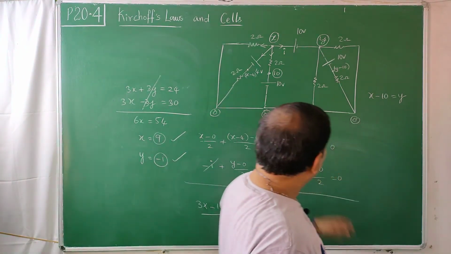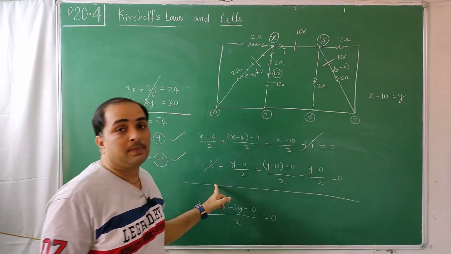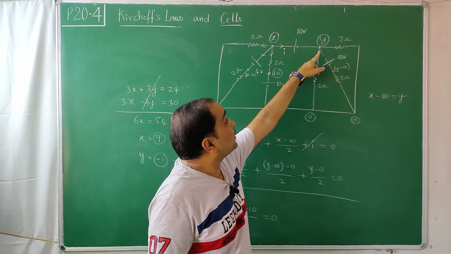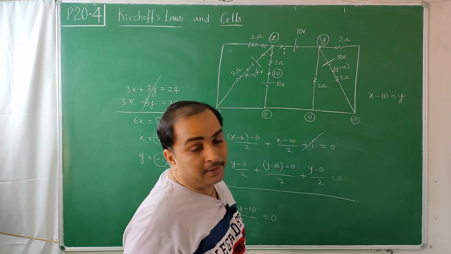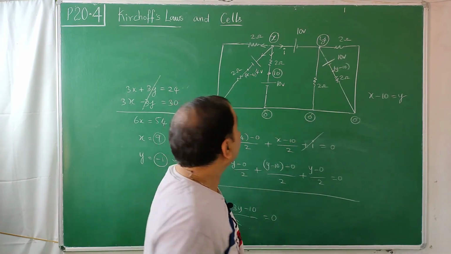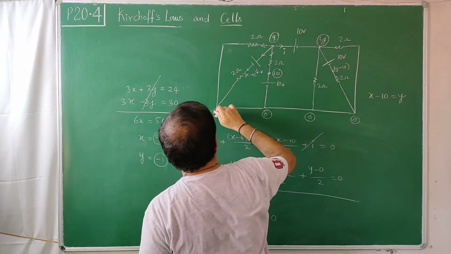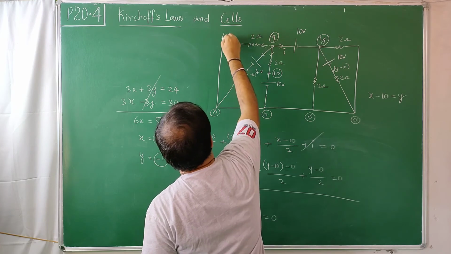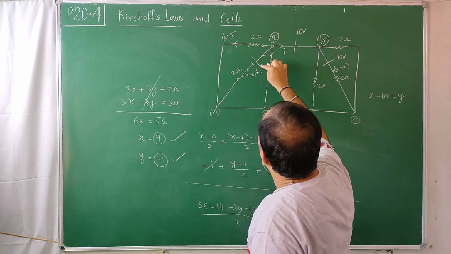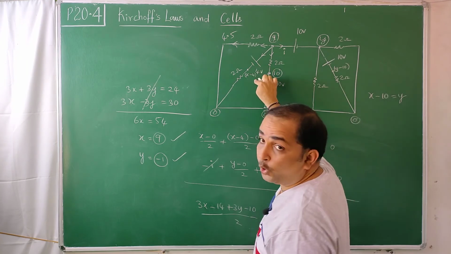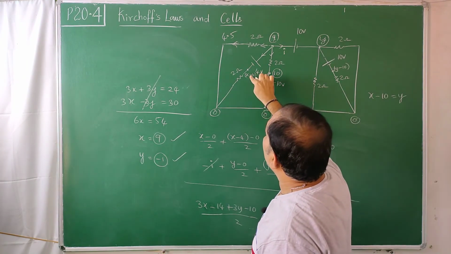So use Kirchoff's law. The unknown current you call I. Use the concept that x minus y is equal to 10. Solve the problem. This is why I told you this is a little tough problem. So this is x, what is it? 9. 9 minus 0 by 2, this is 4.5. 9 minus, this is x minus 4. 9 minus 4 is what? 5. 0 and this is 5.